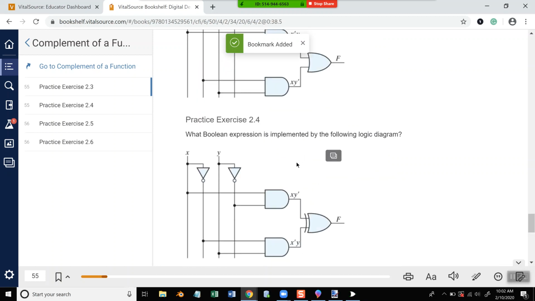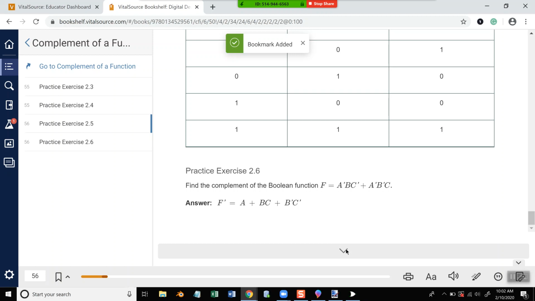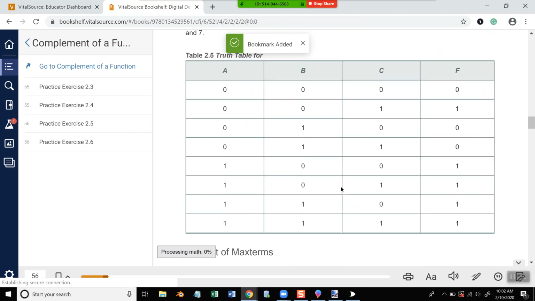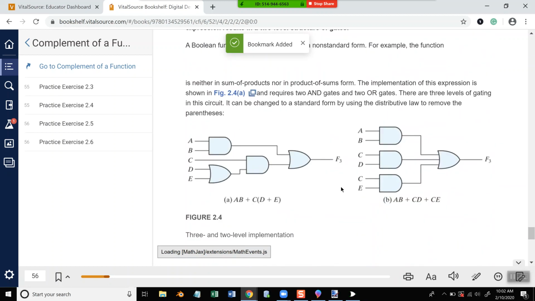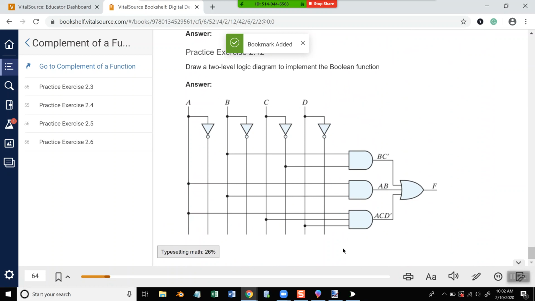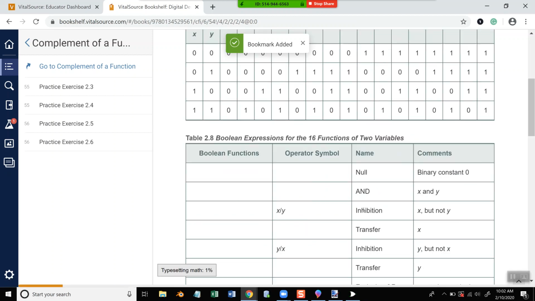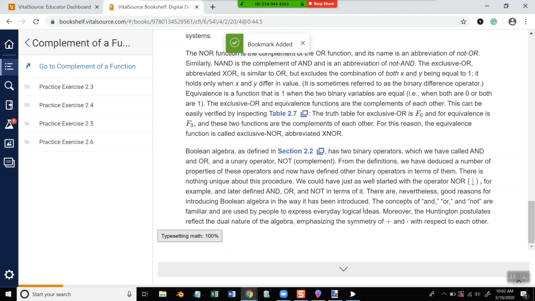Okay, let's take a look at this one. Unfortunately, they're covering something they haven't talked about yet.